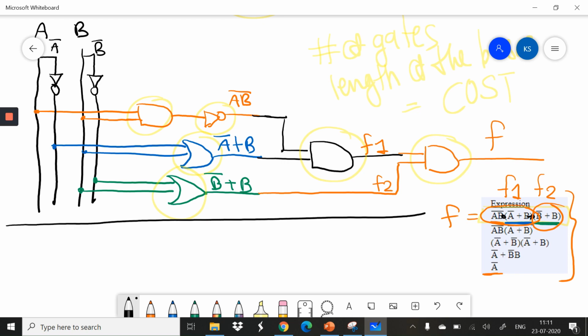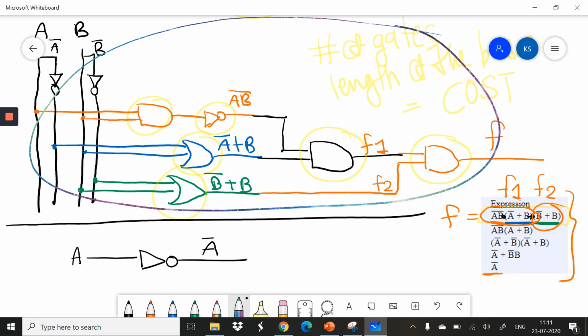I'll simply say A is my input, then I need a bar, so I'll simply say not gate, and I got a bar. Perfect. So now you can compare easily this quite large circuit and this small circuit. Of course, the small one will reduce the cost.